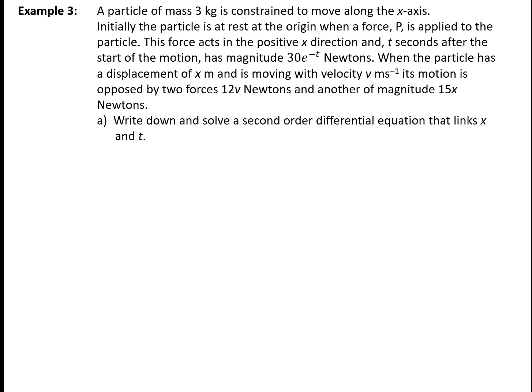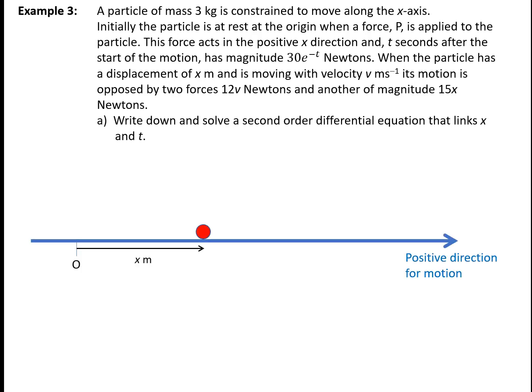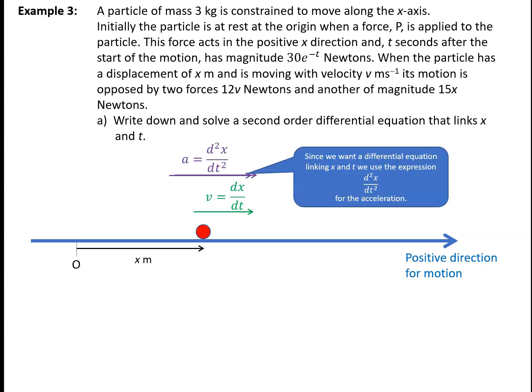So we'll start off by having a diagram. So there's our starting point for the diagram. We're, in this case, wanting an equation linking x and t, so we're going to be using the velocity being dx by dt and the acceleration being d2x dt squared.